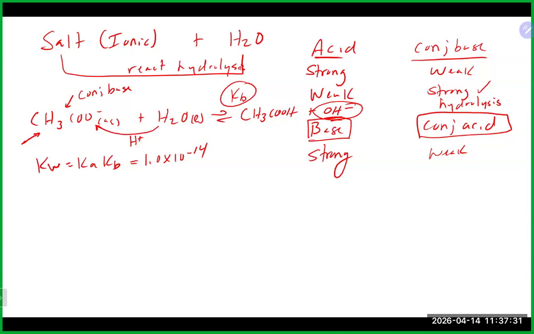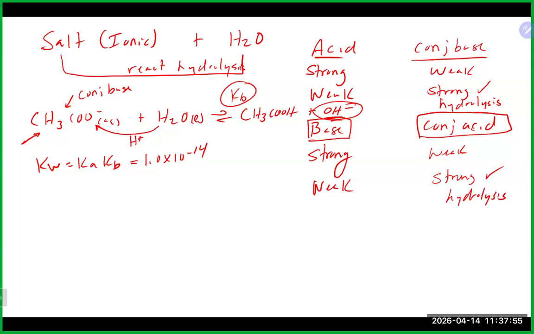So that part of the salt, like a sodium or a potassium, would have originated from a strong base, and would not go through hydrolysis because of that. So remember, group 1 or group 2 pretty much will not go through hydrolysis. If it's a weak base, its conjugate acid will be relatively strong and will go through hydrolysis.